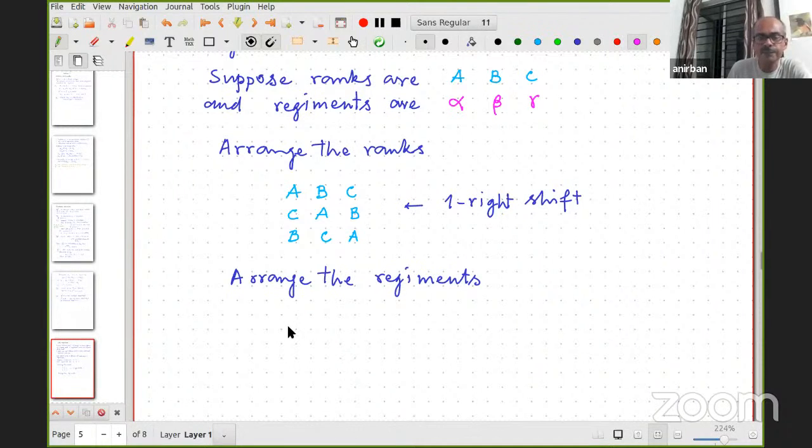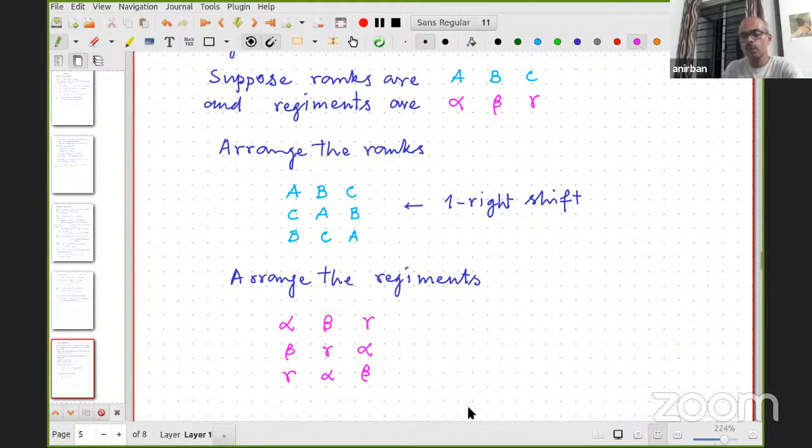We would shift one block to the left. So let me write that: alpha, beta, and gamma. So we are shifting one block to the left. If I shift one block to the left, gamma should come here and beta there, and alpha here. So gamma, then alpha, then beta.